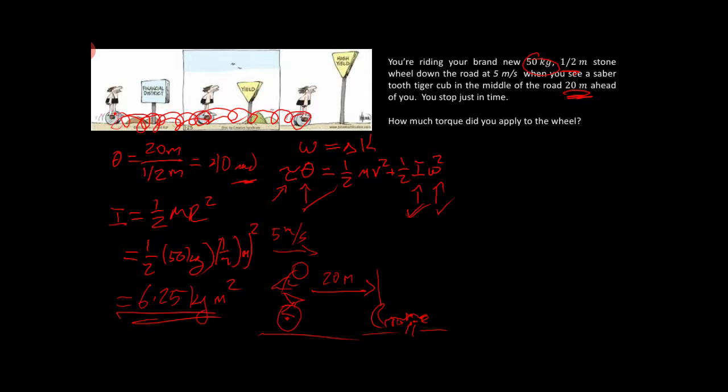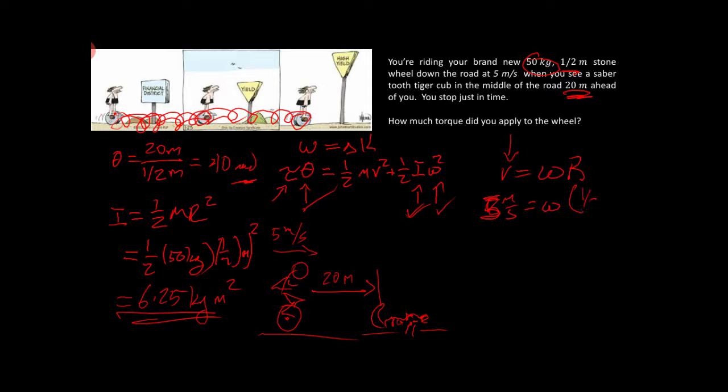And finally, we have to find the rotational speed that we started at. So this is our initial velocity, which we know is 5 meters per second, excuse me. 2 meters per second was the last one, the last video.